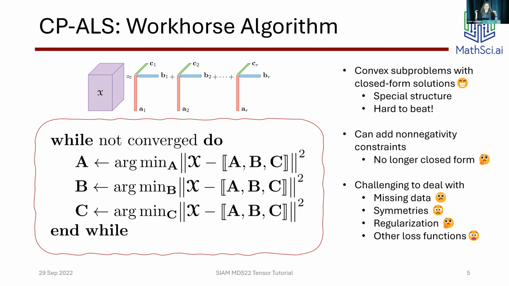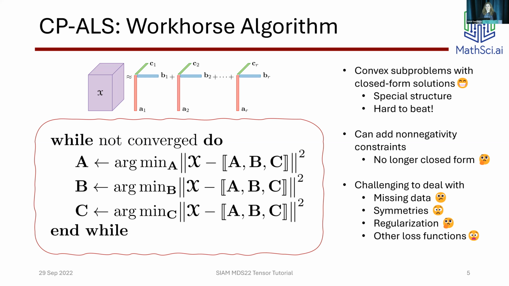I just showed you how to solve for A when you fix B and C. That gives you a new A. Then you fix A and C, solve for B. Then you fix A and B, solve for C, and then you keep looping until you reach some sort of convergence. We like this method because each subproblem is a convex subproblem with a closed form solution.